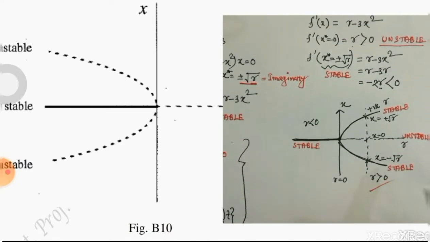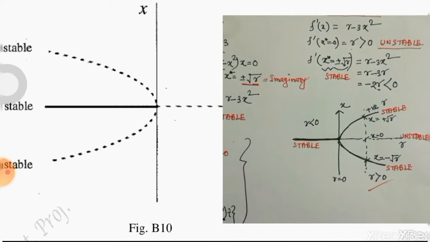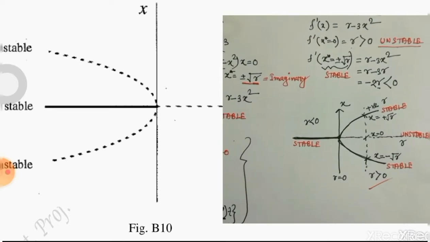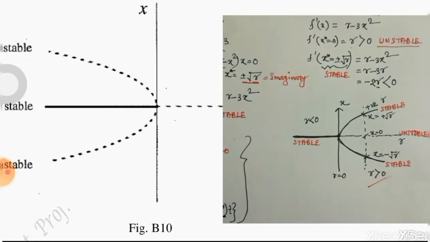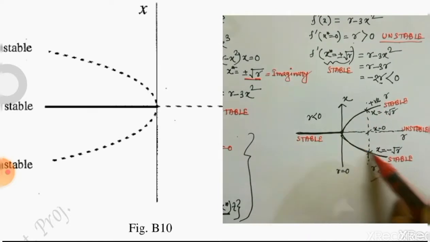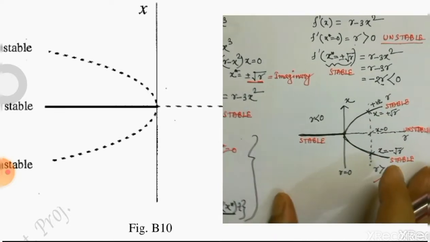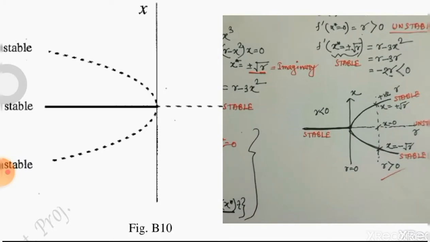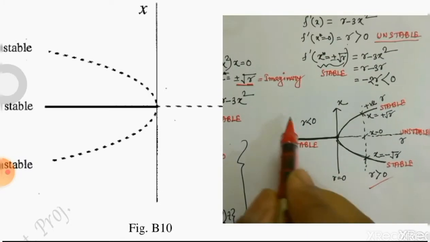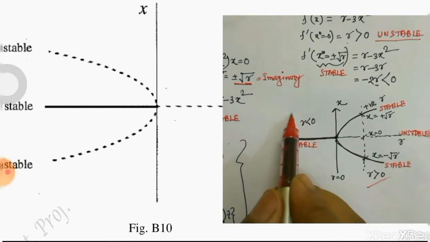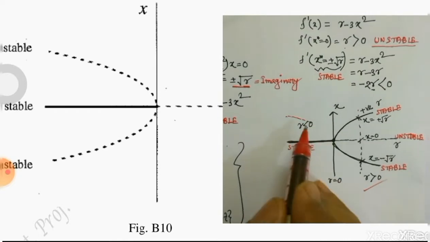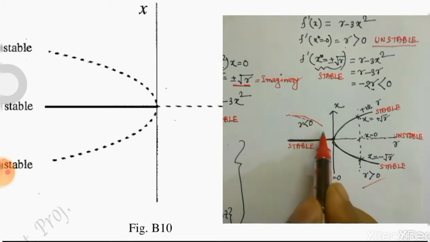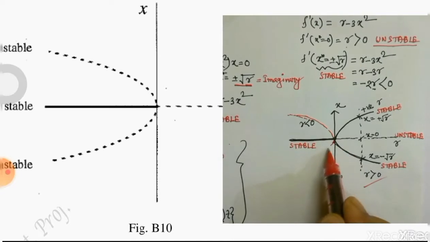So here the diagram is just an inversion of this part. For subcritical bifurcation, we will get a line like this one. This will be drawn by a dotted line.